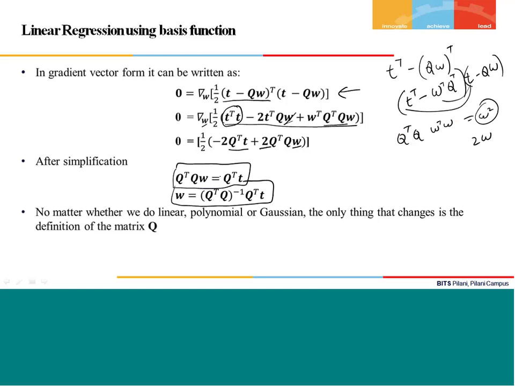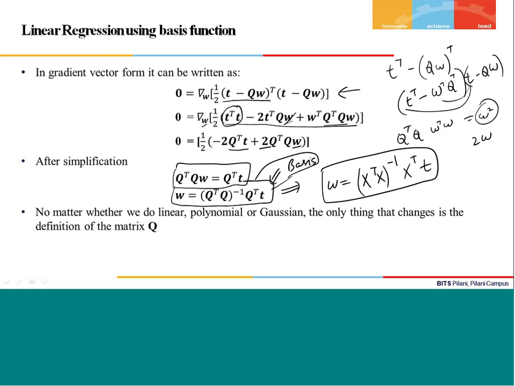So if you remember at first, when I was not using my basis function, the value of W was X transpose X inverse X transpose T. So it was like this when I was not using basis functions. So this is with basis functions, and that is without, in the simple case. The only difference between these is the matrix.